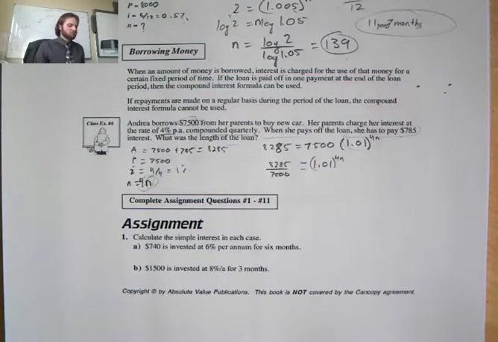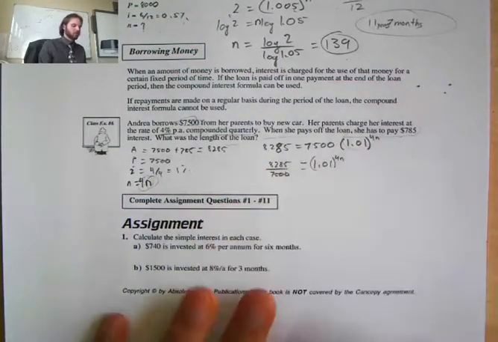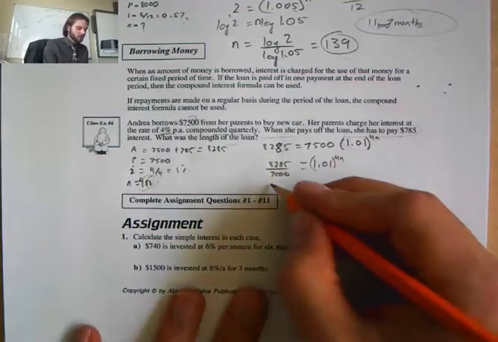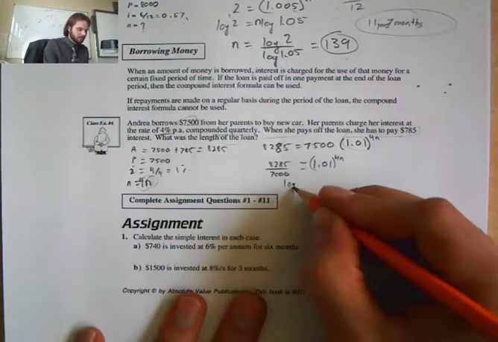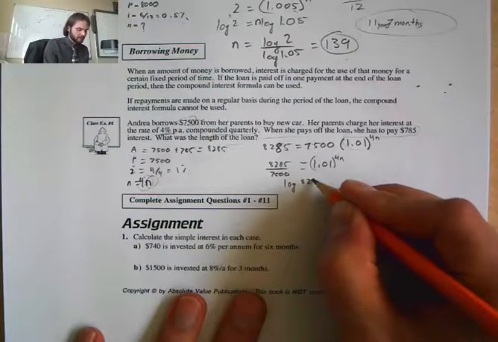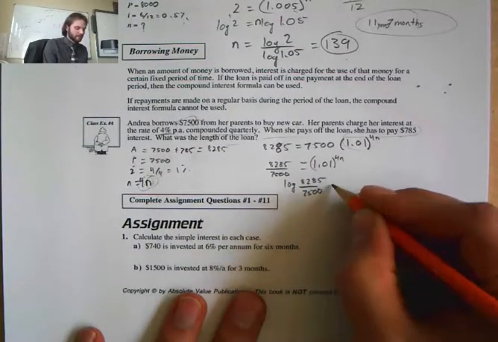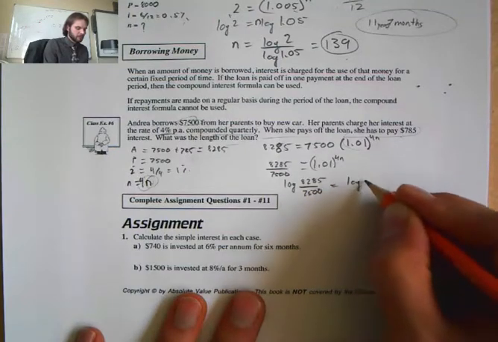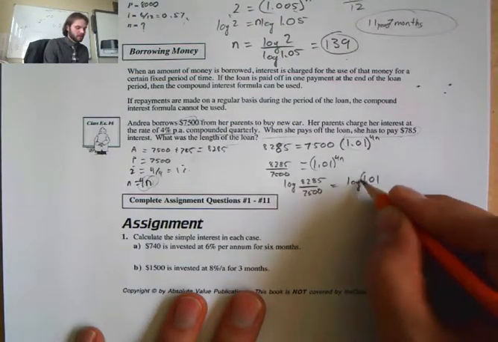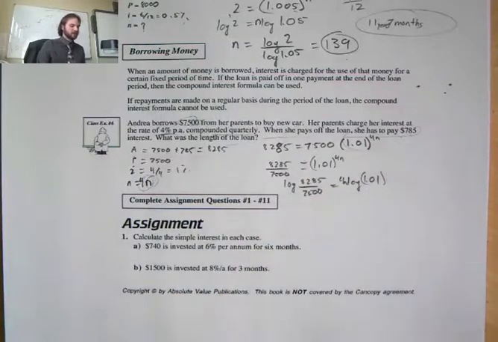Now, I am going to log both sides, and that's what I will do. I'm going to log both sides to make them equal. So I'm going to end up getting log, and we have 4n now down there.